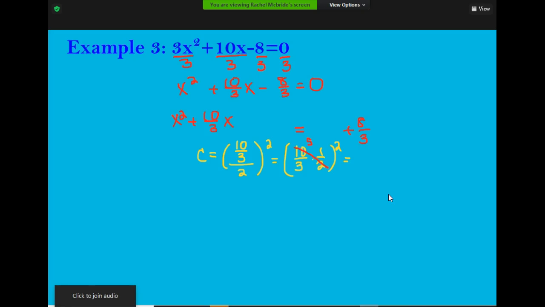So if you didn't see that and you did 100 over 36, then you know both divide by 4. Or you could simplify the 10 halves and get 5. And either way, we get a final c value in simplified form of 25 ninths.